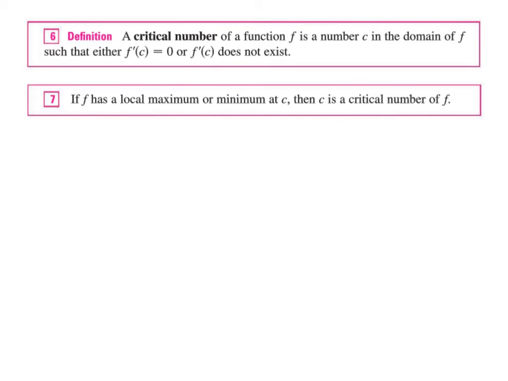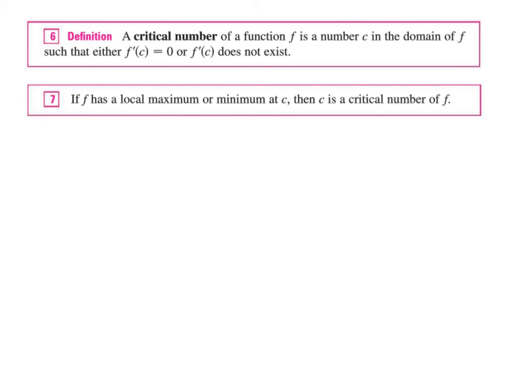The reason for that is because a local maximum or minimum will always happen either where our derivative is 0 or because the derivative doesn't exist. So a local maximum or minimum must be one of those two scenarios, and therefore, since it must be one of those two scenarios, that also qualifies it as a critical number. It's just being a little detail-y there. But we will be seeing some other critical numbers that are not maxima or minima as we go forward.